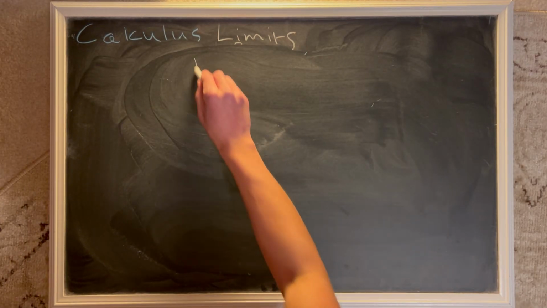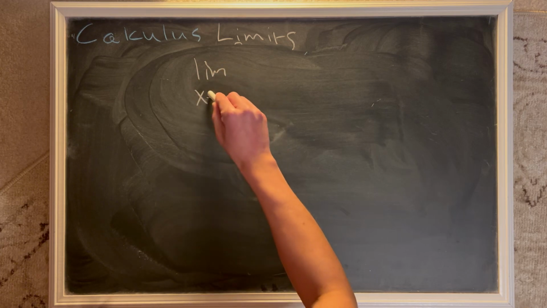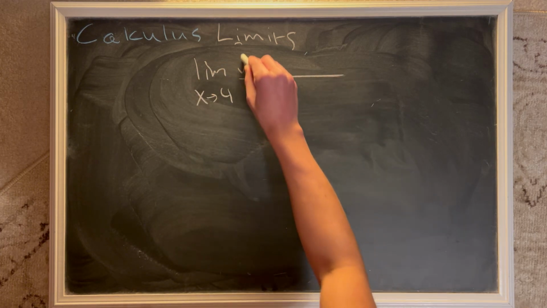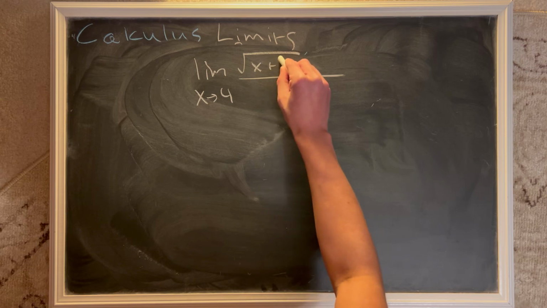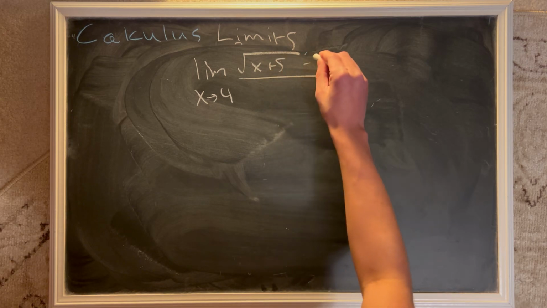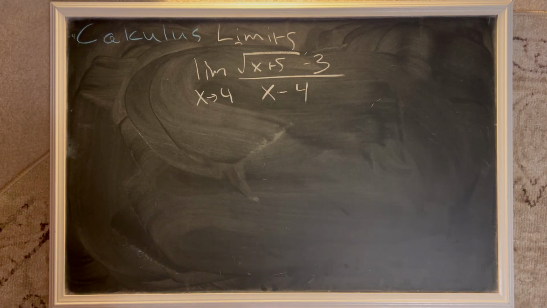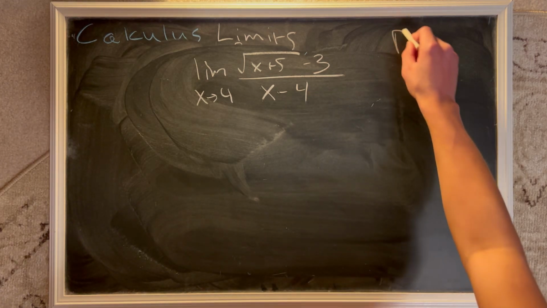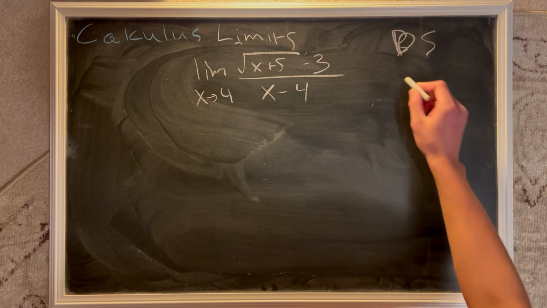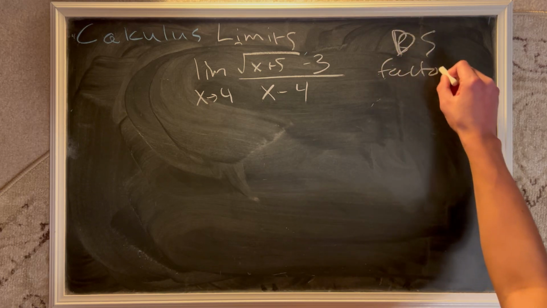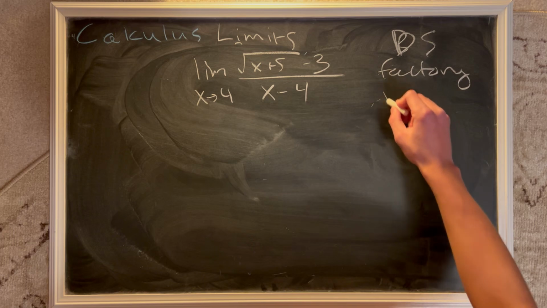Let's take the limit as x approaches 4 of the square root of x plus 5 minus 3 over x minus 4. So now, let's review our terms. So we've got direct substitution, factoring, and rationalizing.